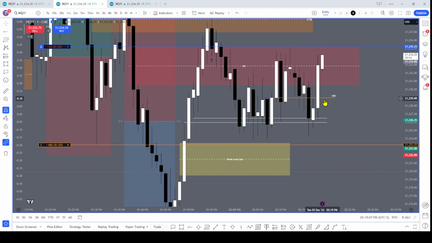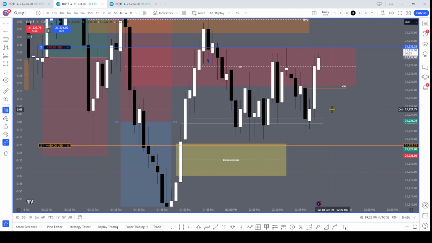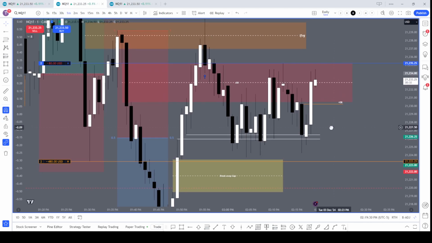It's a down close candle. Create this gap here. That'd be good for a bullish scenario.